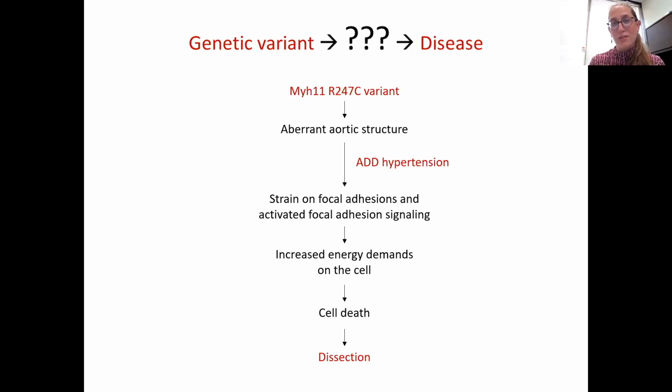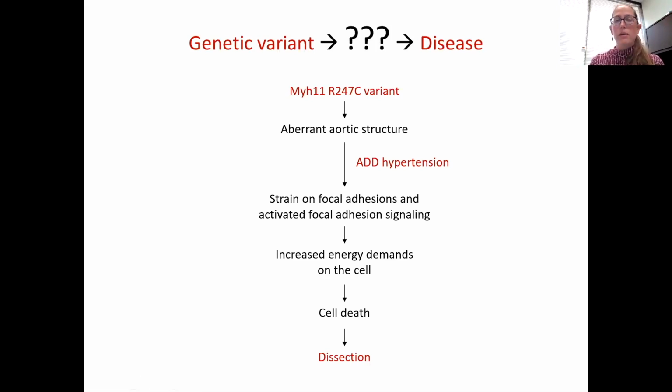Obviously, I haven't shown you every detail of all of the work that we did to identify this pathway, but what I want to talk about is what we're doing now: we're trying to see if all of these steps below add hypertension might be a universal mechanism for dissection, might be happening in other models of dissection.